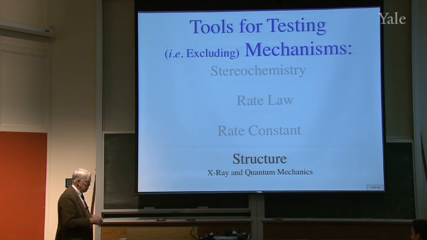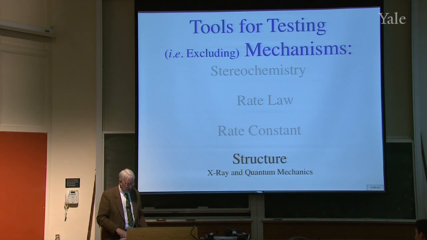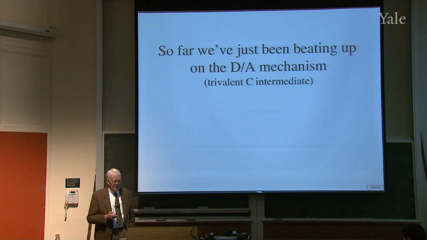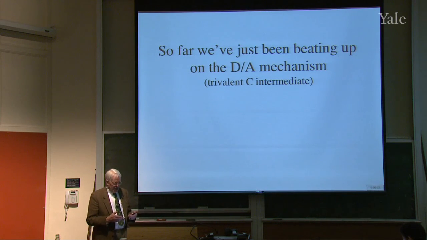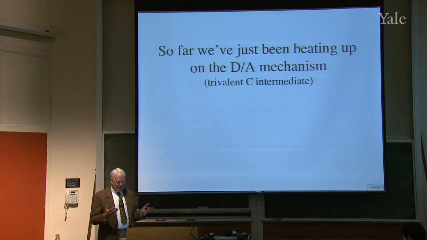Might you be able to do that for a nucleophilic substitution? Might you be able to use X-ray, and if not X-ray, at least use quantum mechanics to see what the structure of this intermediate is? Because what's hard to tell, so far we've mostly been beating up on the dissociation-association mechanisms.